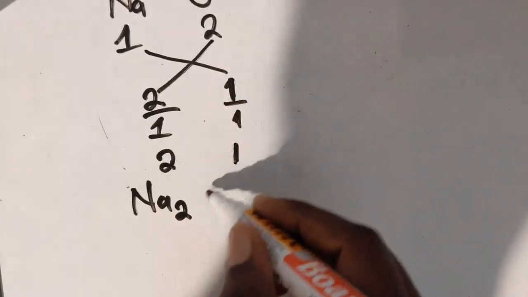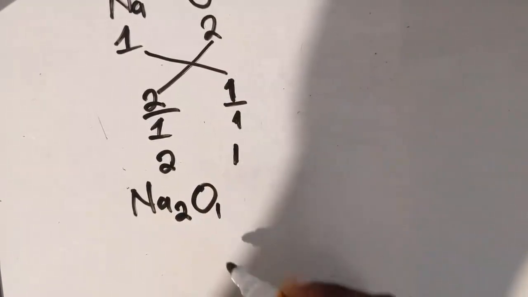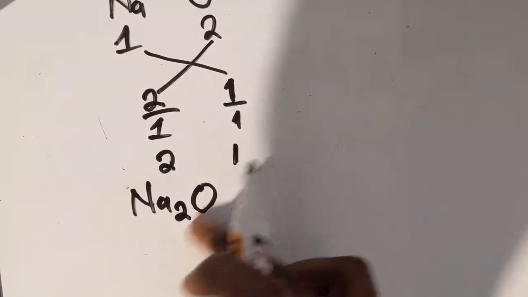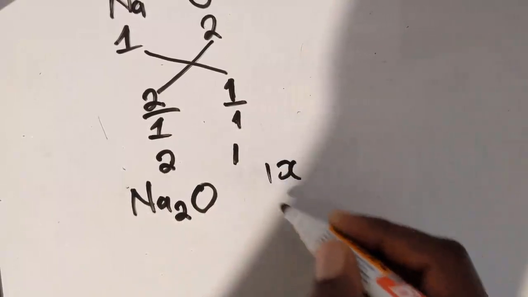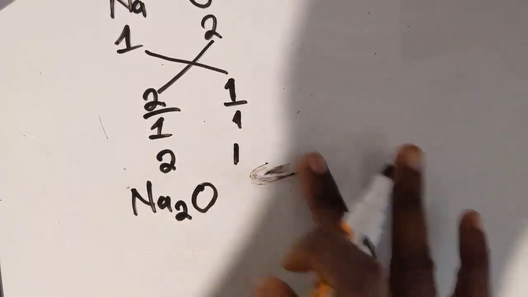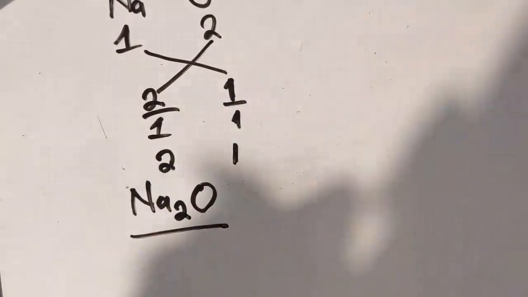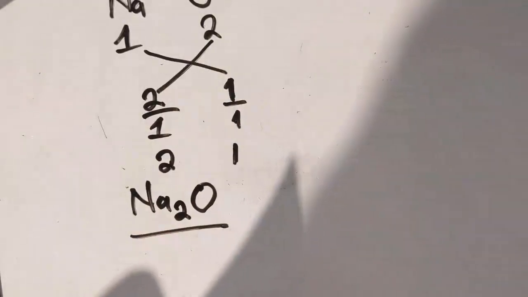Then oxygen with 1. But since it is 1, just don't put 1. Saying oxygen is the same as saying 1 oxygen. That is what it means. So now this is the chemical formula for sodium oxide. Okay, sodium oxide. So that is a chemical formula.